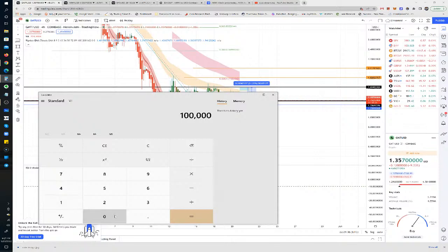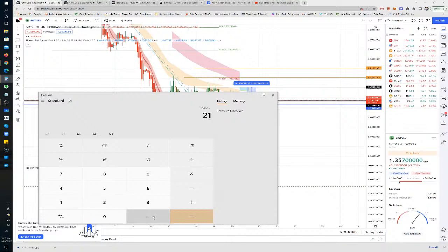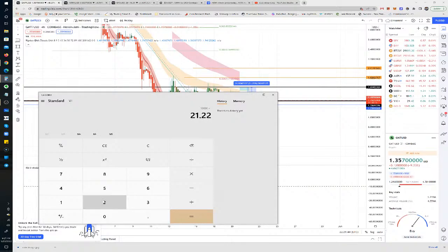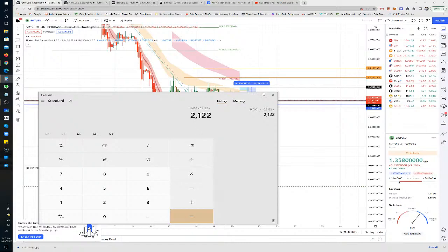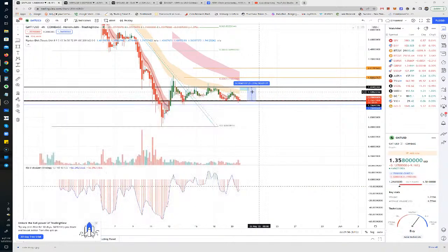You multiply that by 21.22%, which equals $2,122. You would have made $2,122 out of that trade alone if you had $10,000, from here to here, if it completes. You understand what I'm saying? You see how profitable that is?